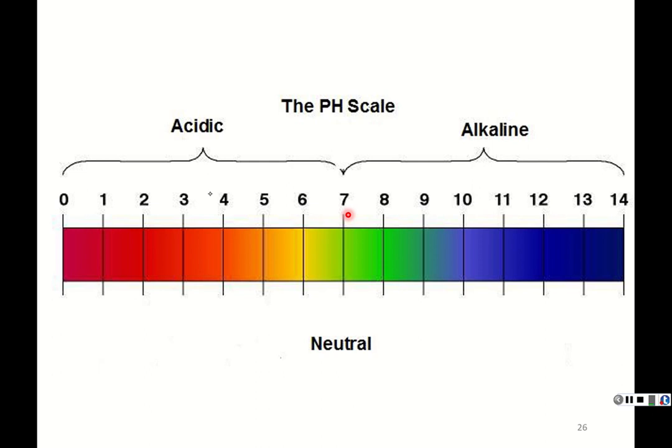Anything at 7 we consider to be neutral. Anything below that is considered acidic because the H3O plus concentration is outweighing the OH minus concentration. Anything above 7 is considered alkaline or basic because OH minus is now in a higher concentration than H3O plus. And at pH 7, they are equal.